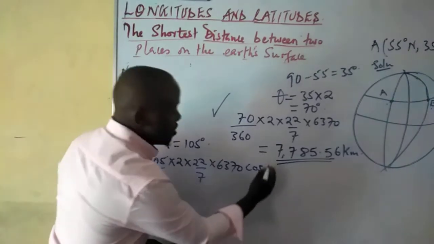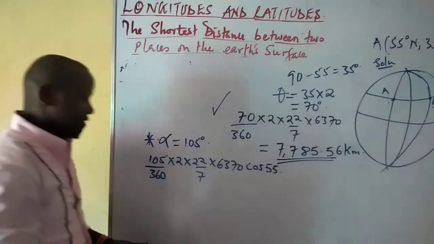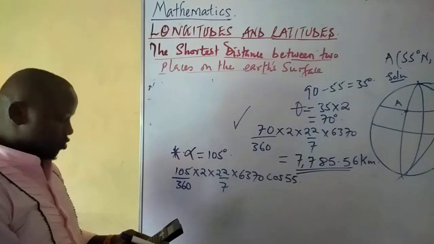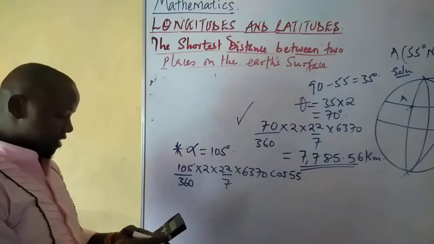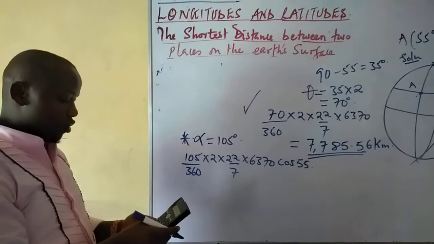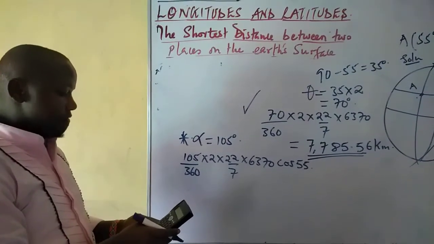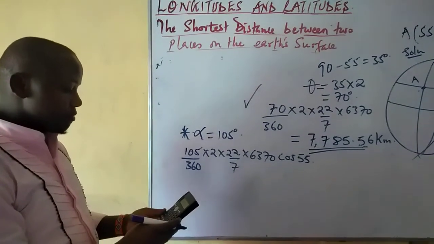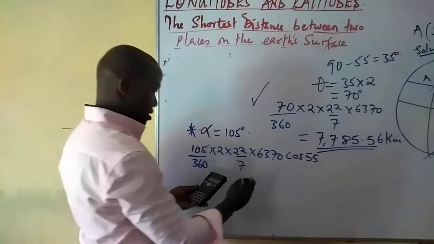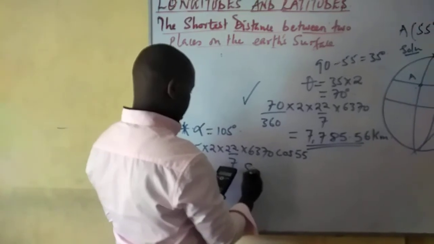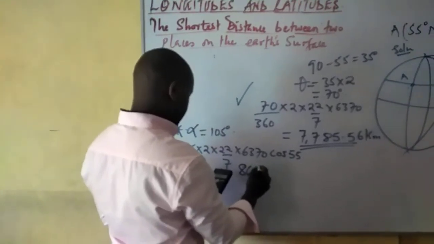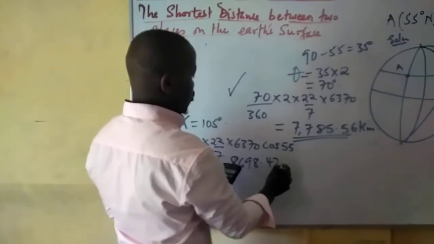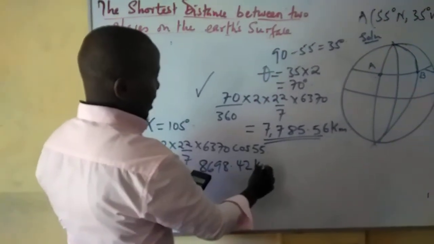They are on latitude 55. Therefore, it will be 105 times 2 times 22 times 6370 times the cosine of 55, and we divide by 360 by 7. This is giving me 8698.42 kilometers.